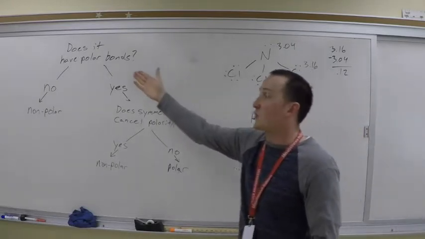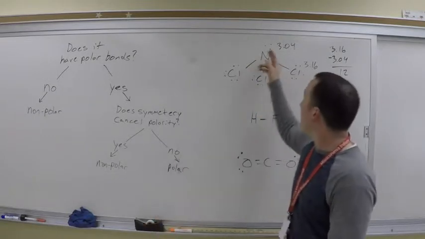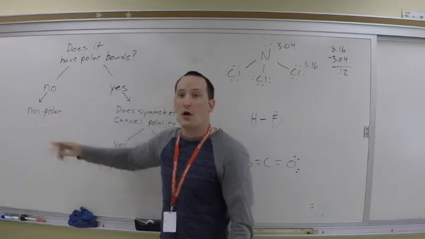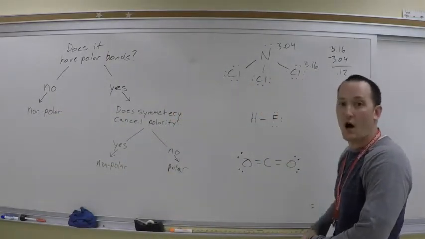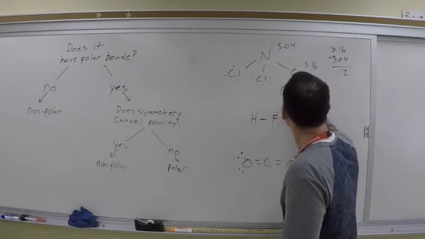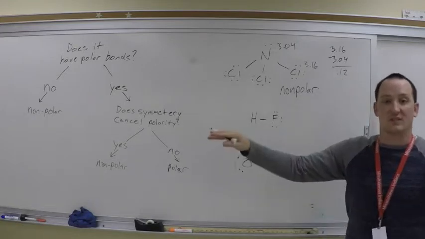So the answer would be no. None of these bonds are polar. If your answer is no, then this molecule is automatically a nonpolar molecule. We can stop right there.